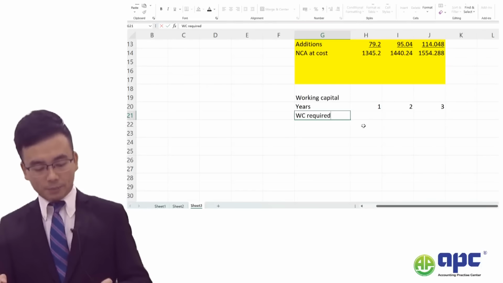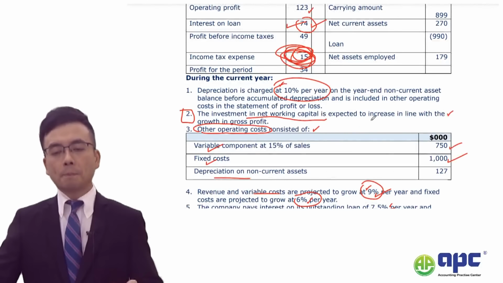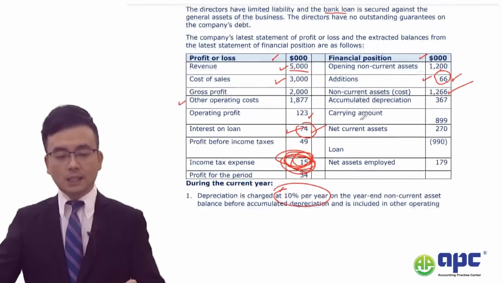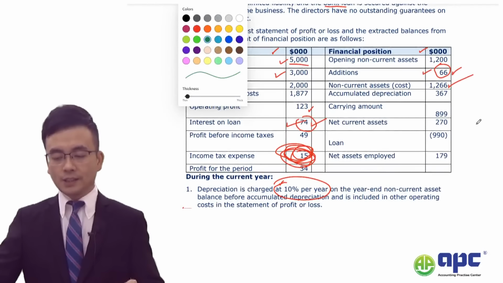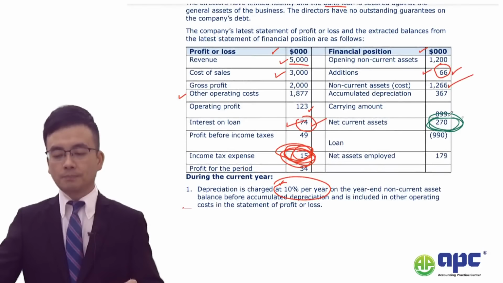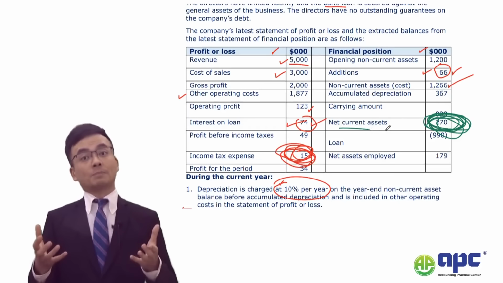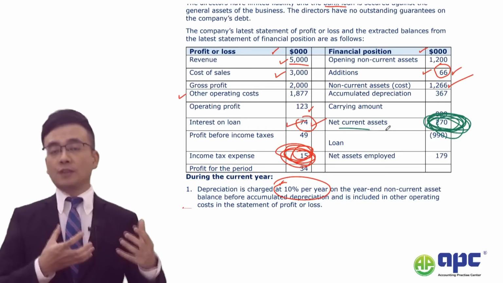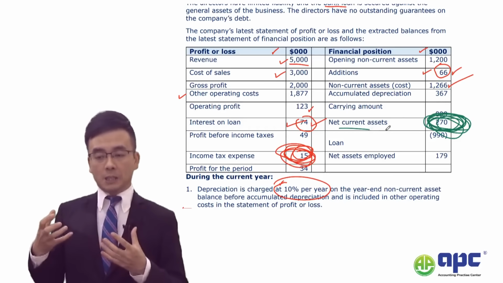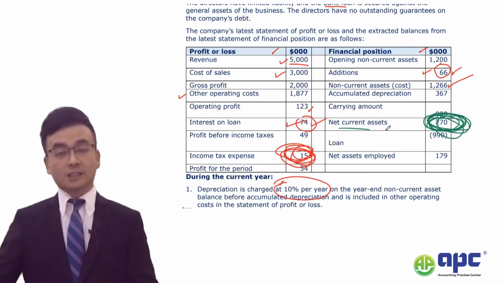Now, the working capital required, for example, we can see the net current asset worth $270 in our statement of financial position there. So net current asset is simply the current asset minus current liability of $270 at the start.